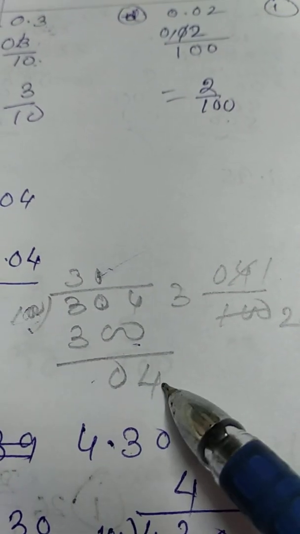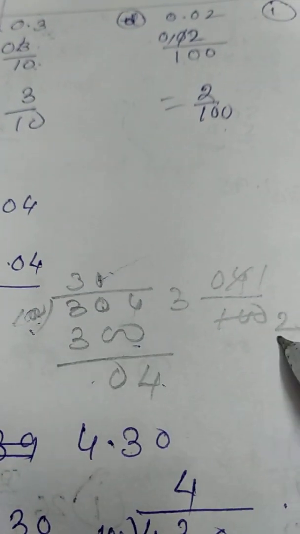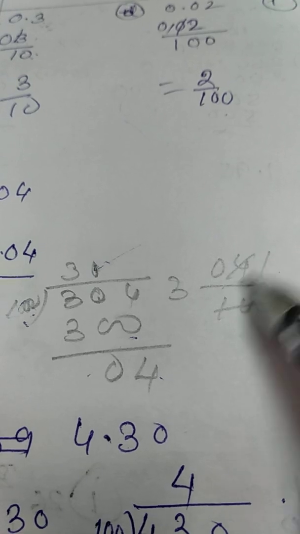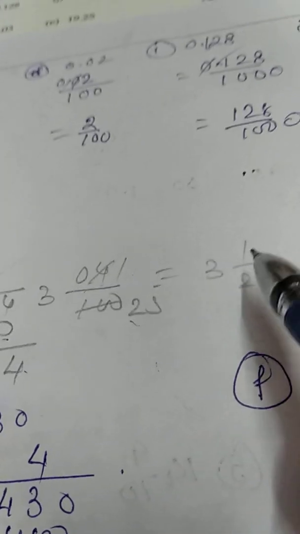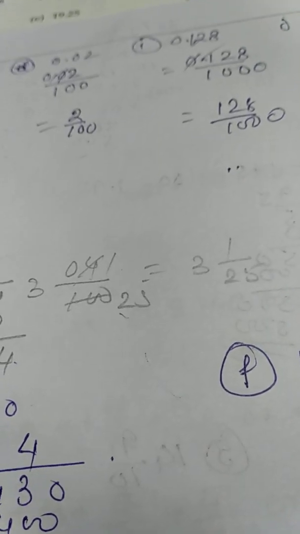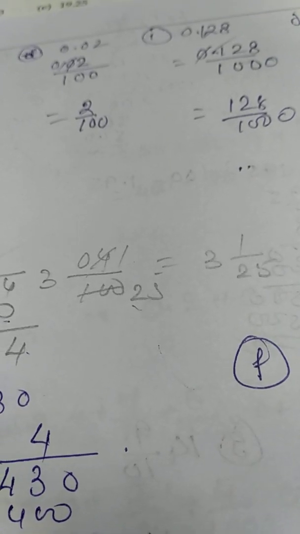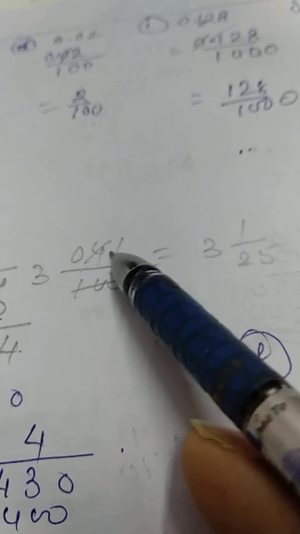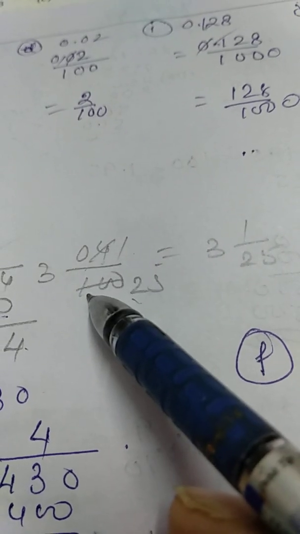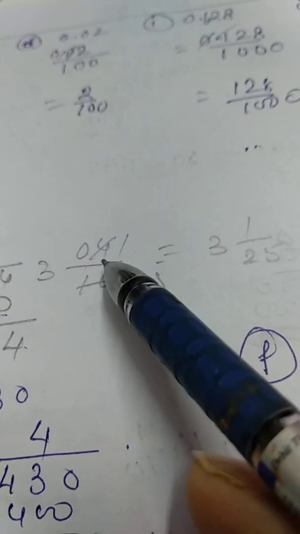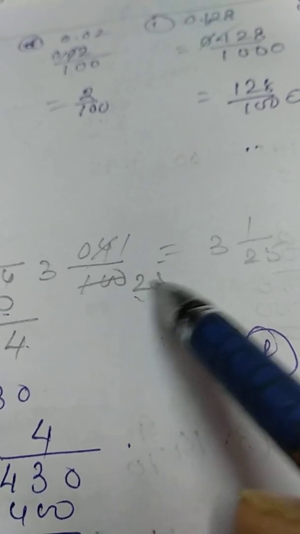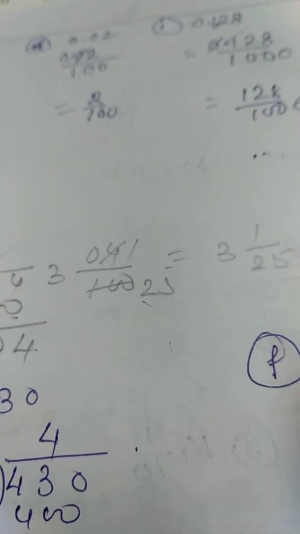Now remainder is 4, divisor is 100. I can cut 4. 4 ones are 4, 25. So answer will be 3, 1 by 25 answer. As it is divisible, 4 is divisible by 25, and I can get 100 is multiple of 4. 425 is so 1 by 25.